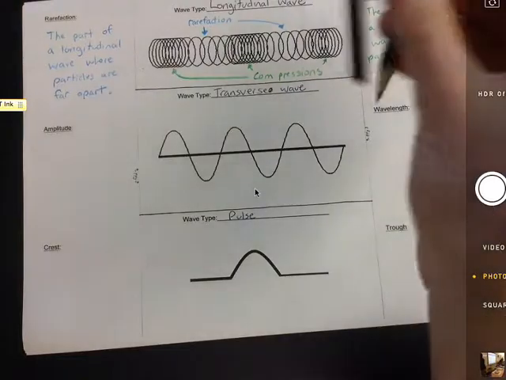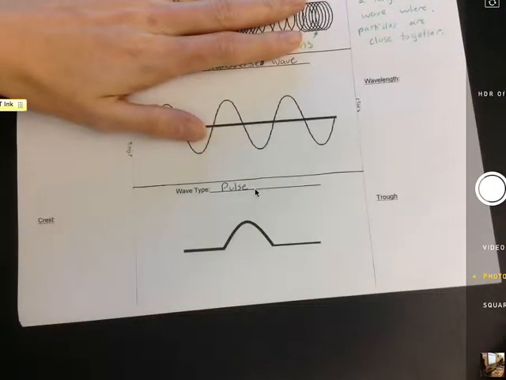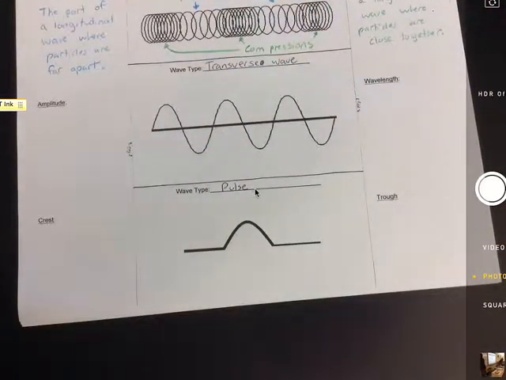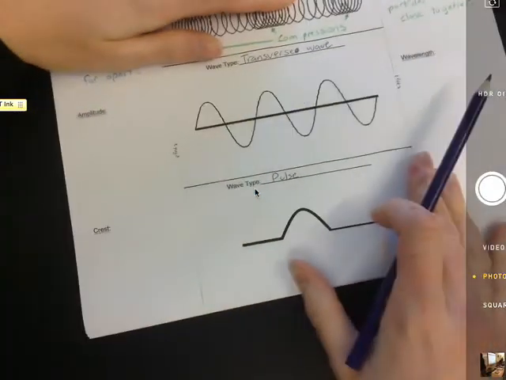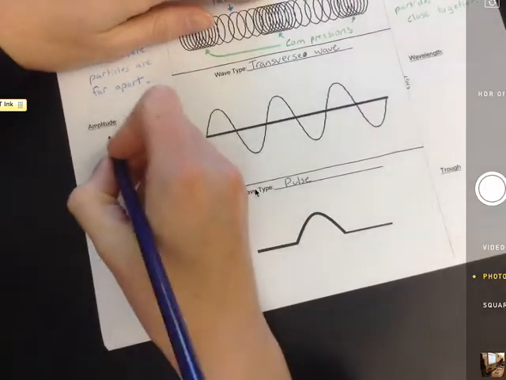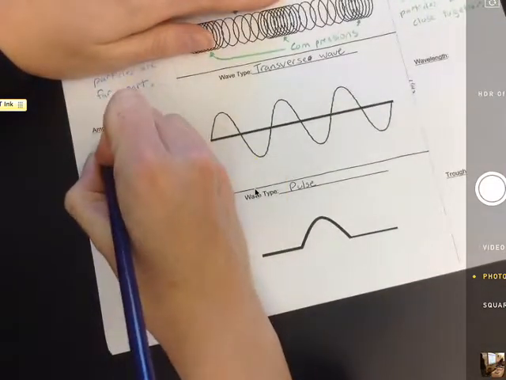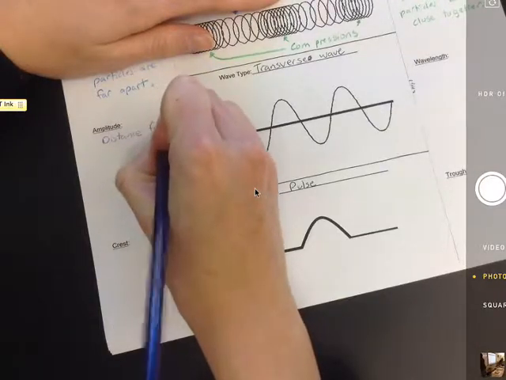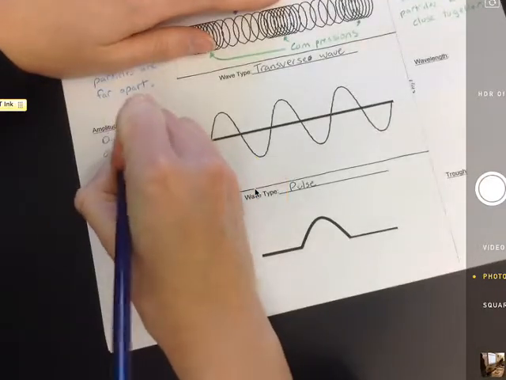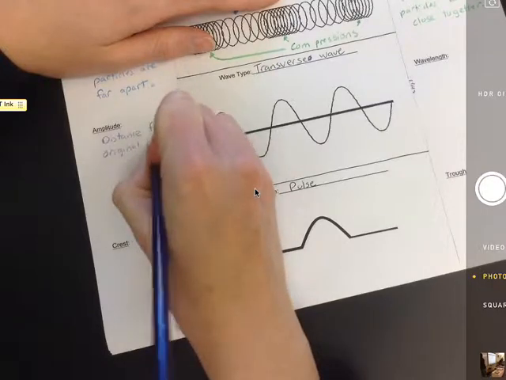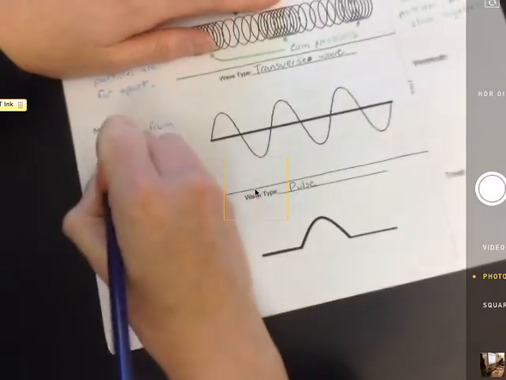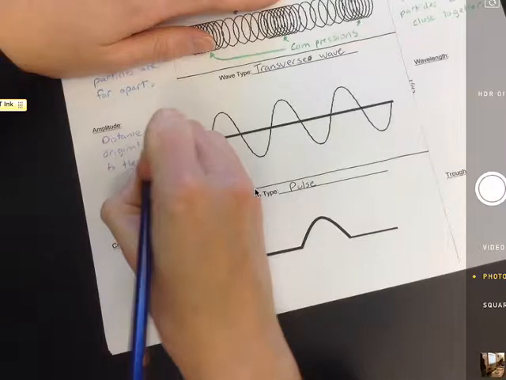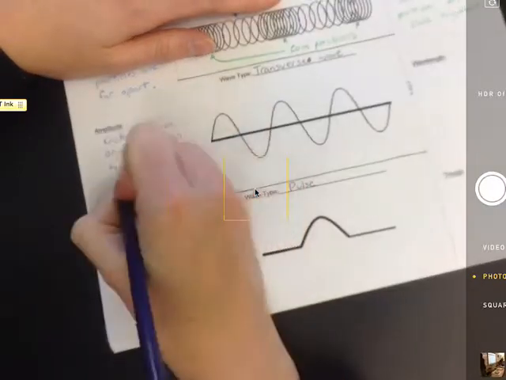All right, so for the next one, this transverse wave, we're going to label a couple of different things. I'll start with purple here. The amplitude of a wave is the distance from the original position to the highest point.